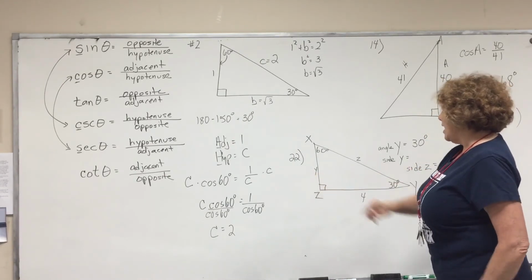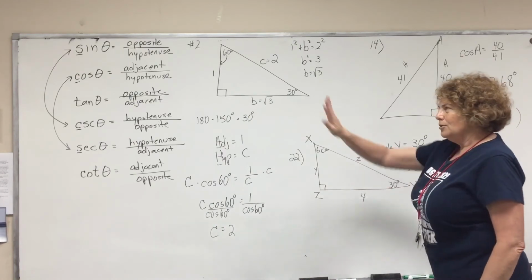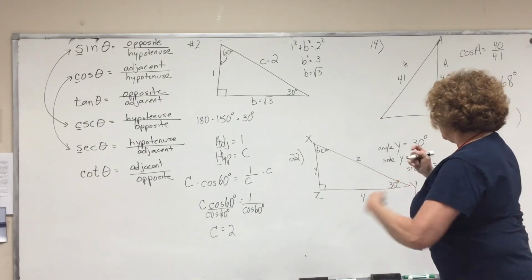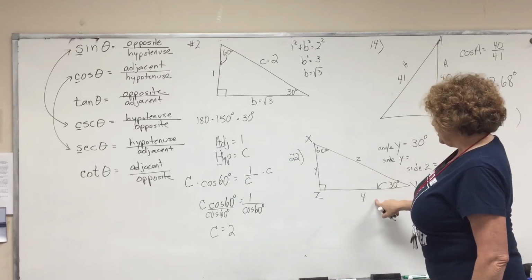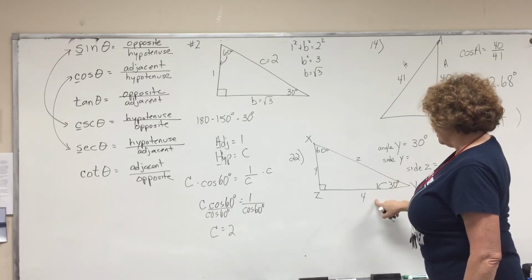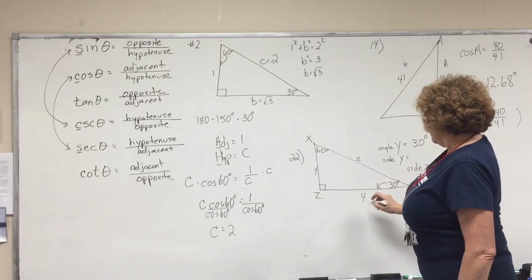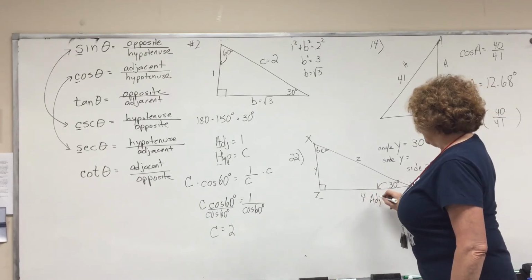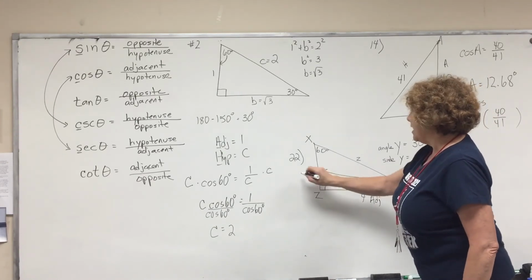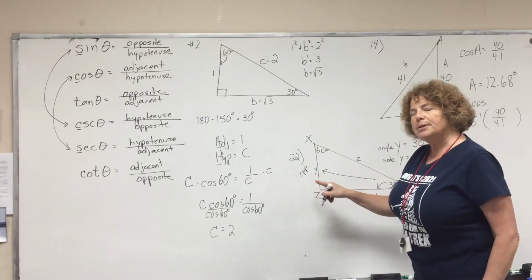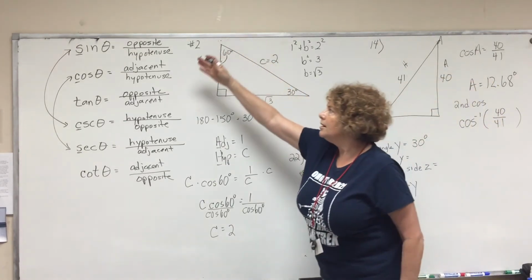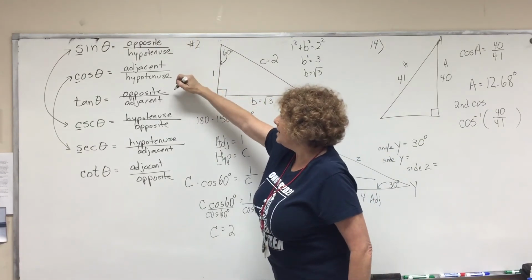Now let's find y this time because I want to use something different than cosine. So if we do 30 degrees, then the adjacent side is 4. So this is the adjacent side, and if we want to find y, this is the opposite side. So adjacent and opposite. Let's look over here. Which one of these has adjacent and opposite?